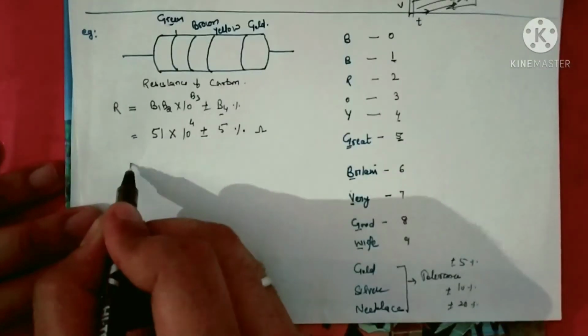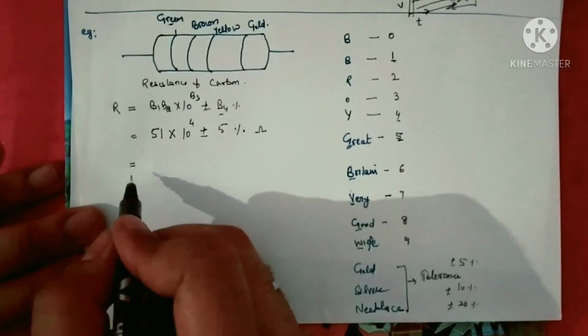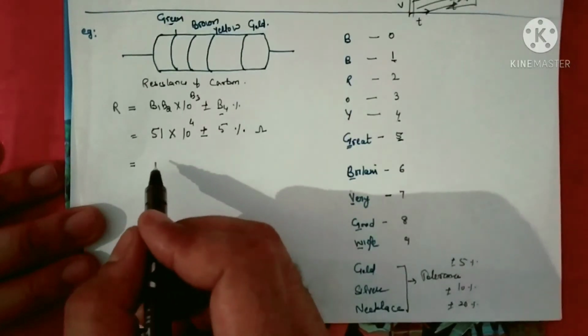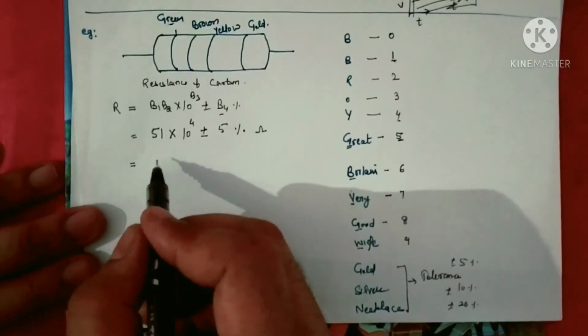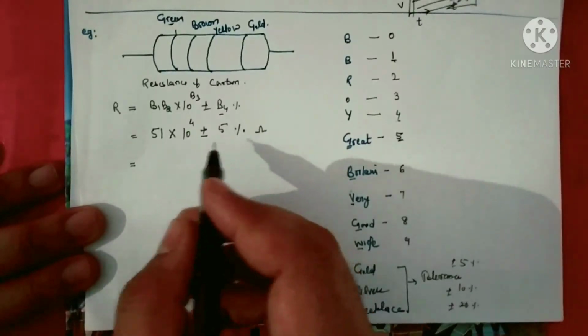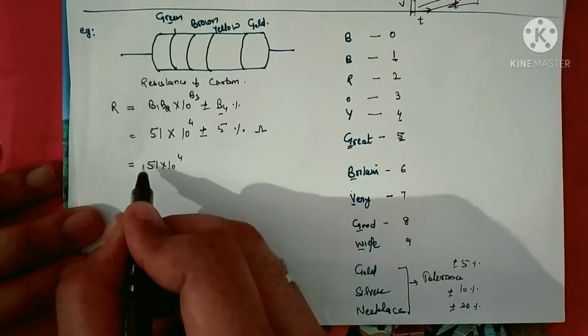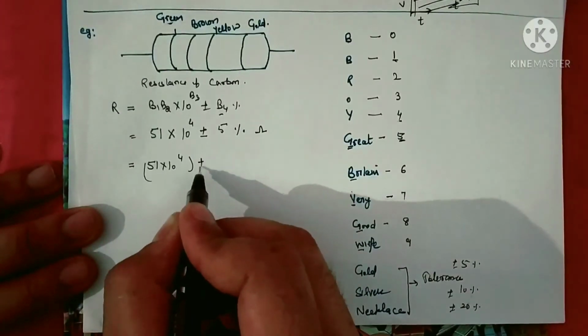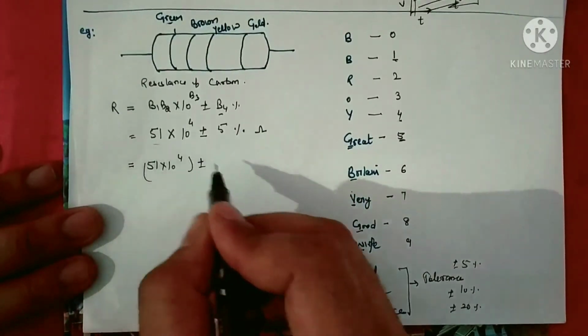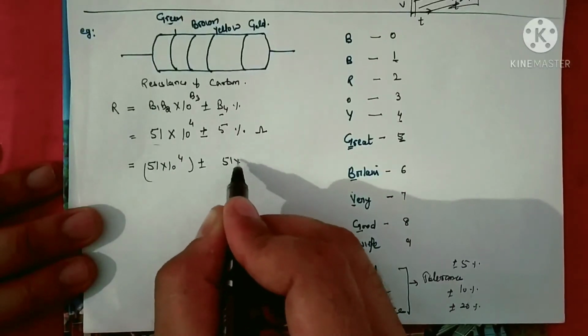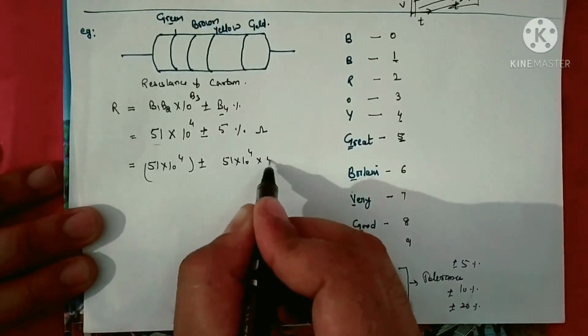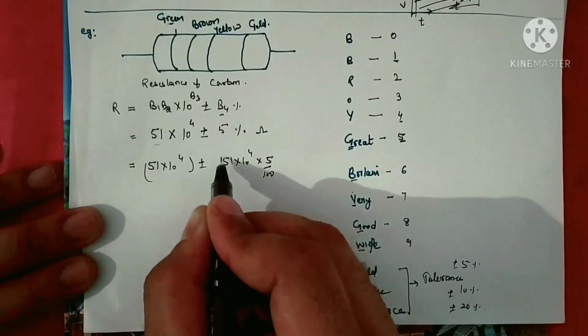Further we can expand, or further we can calculate the range of the resistance, because here it is plus minus 5%. How will we write it? 51 into 10 raised to power 4 plus minus the 5% of this value.